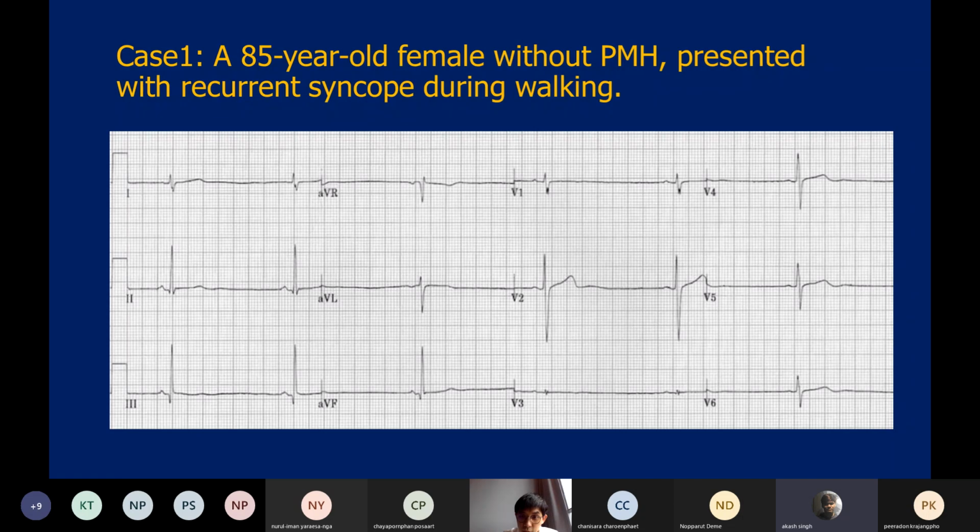Is it sinus pause? Sinus pause is not likely correct. You see that there are P waves in the ECG, right? And the rate of the P wave is quite regular. What rate is the P wave in this ECG?